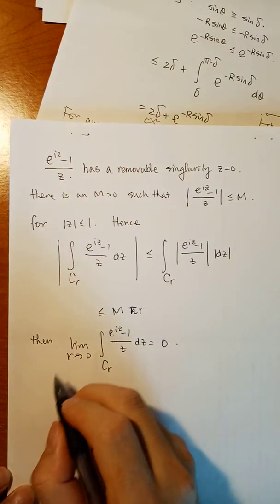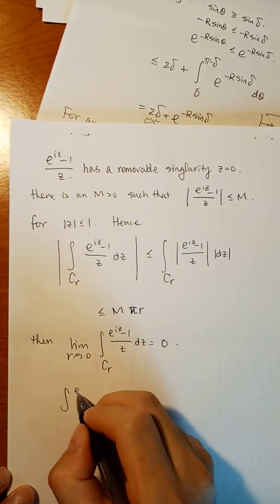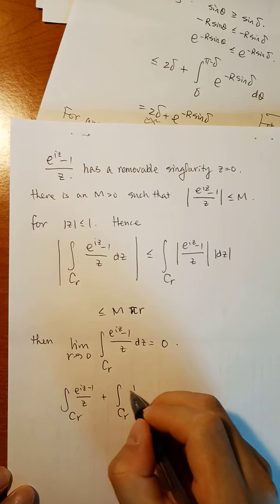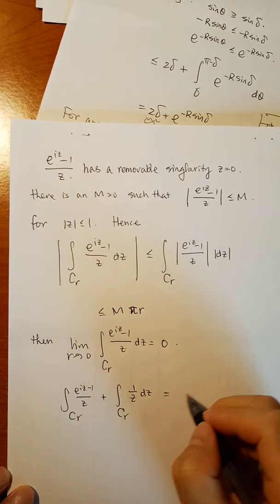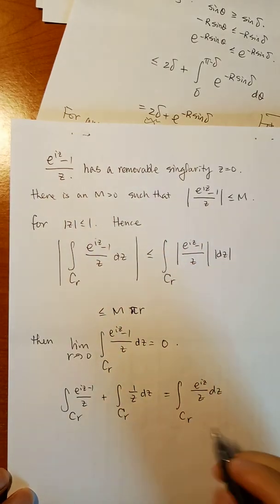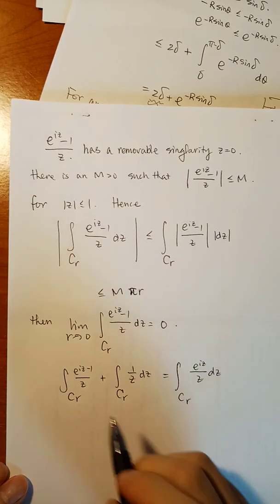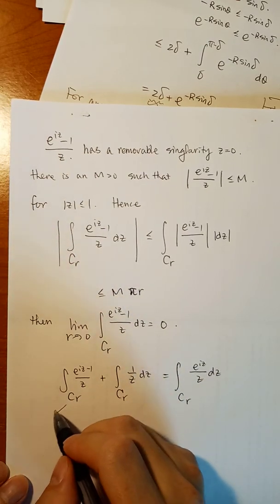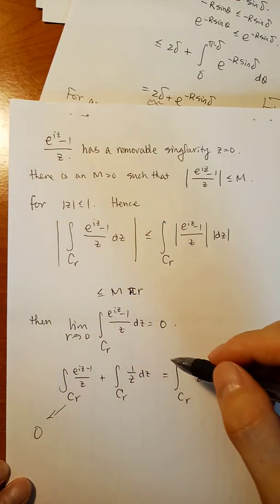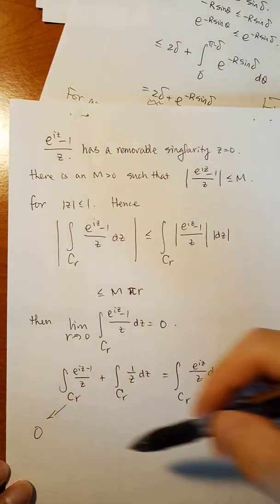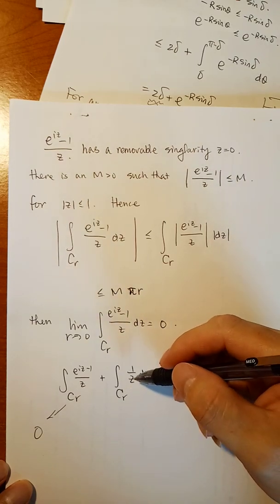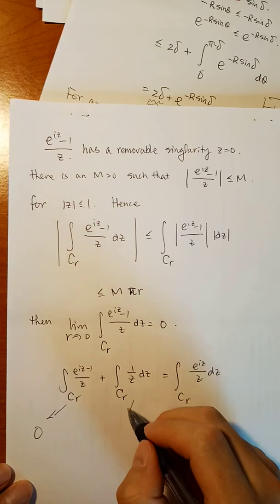We also need the integral of 1 over z over the small r. The integral over the whole circle is 2 pi i. If it's the integral over half of the circle, it's pi i.